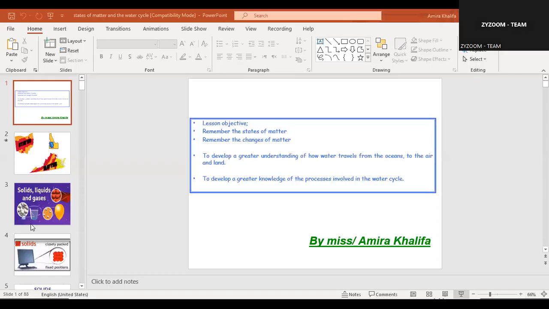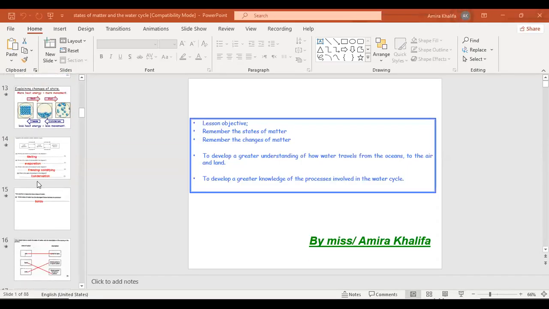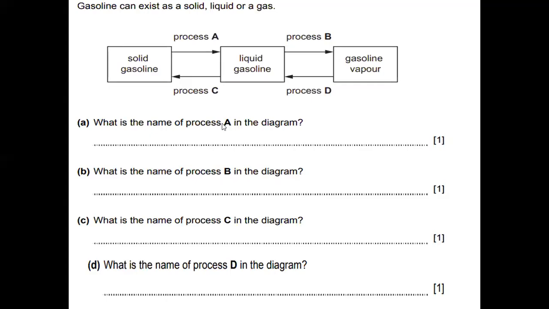Let us make it one more time. Here it is. So the name of process A, from solid into liquid, is called melting process.